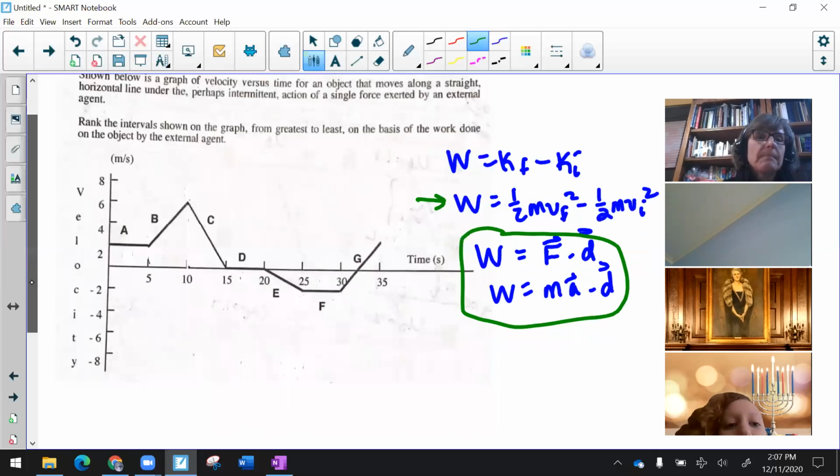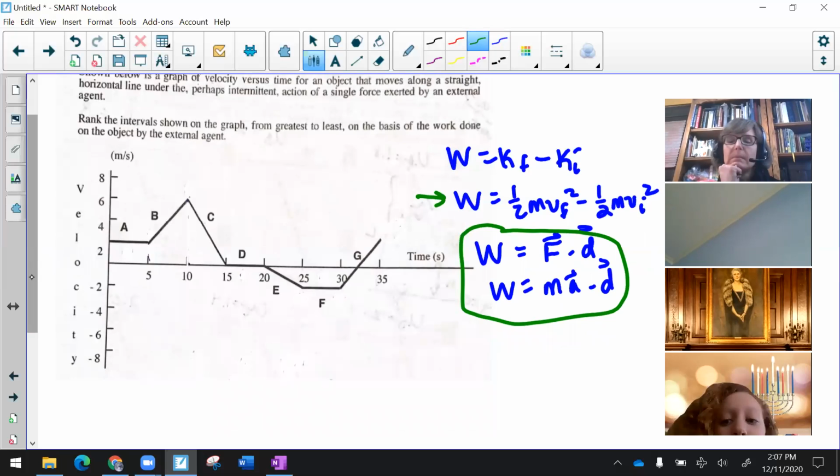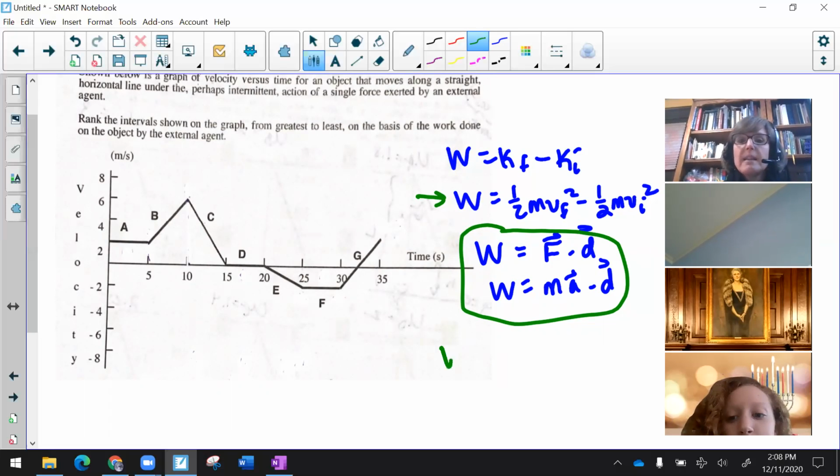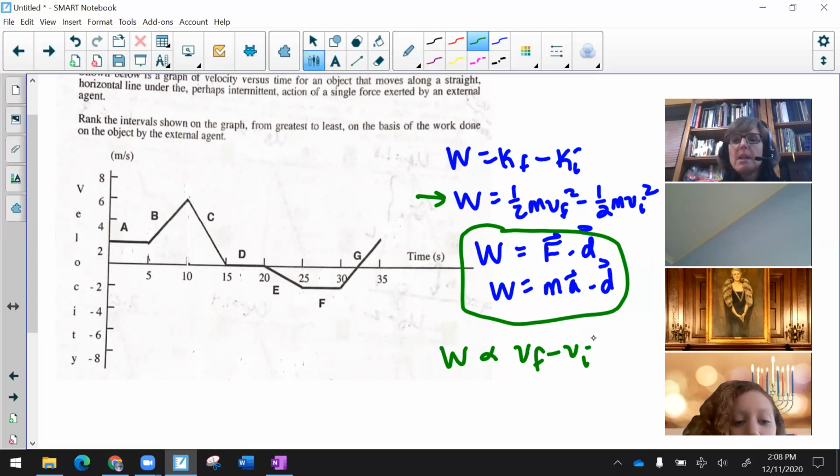I just wanted to add that I looked at the slopes of the graph like Aaron did also, but instead of the slope, I just looked at the initial value and the final value of the velocity and then plugged that into the equation. You could say that the amount of work done is proportional to the final velocity minus the initial velocity, as long as you took the absolute values.